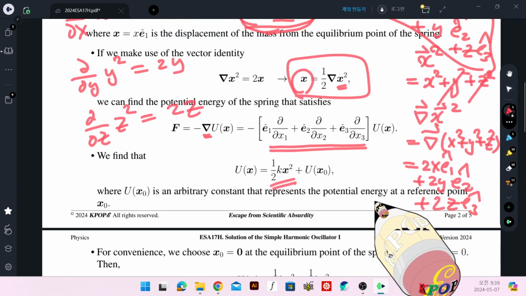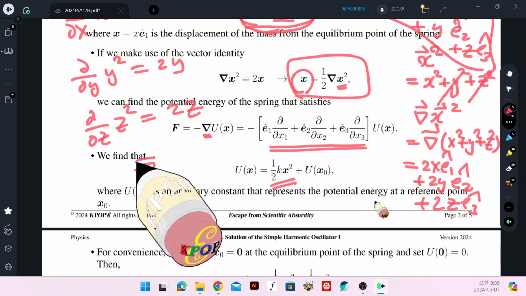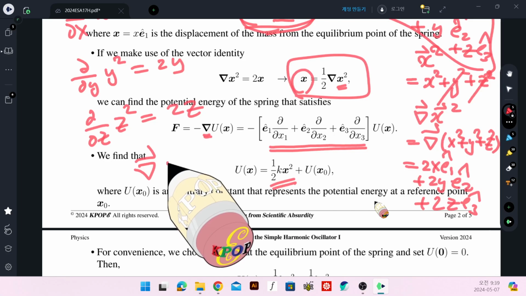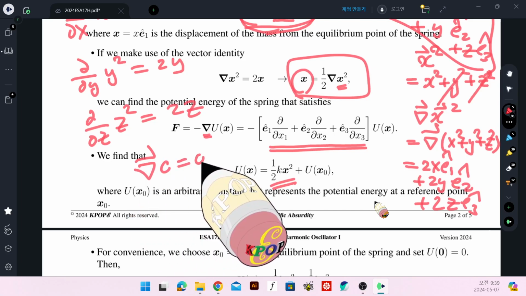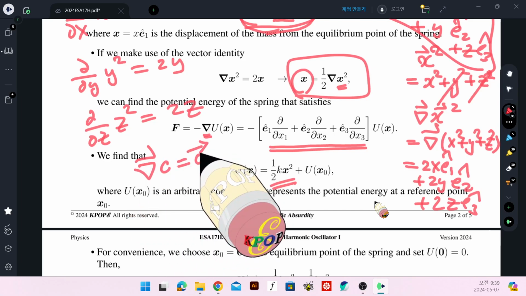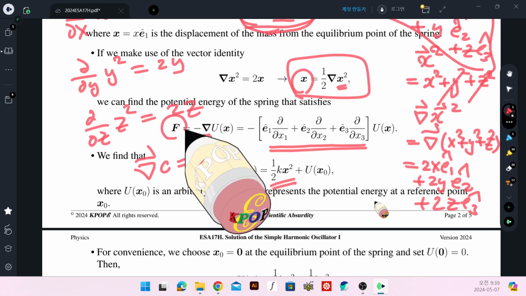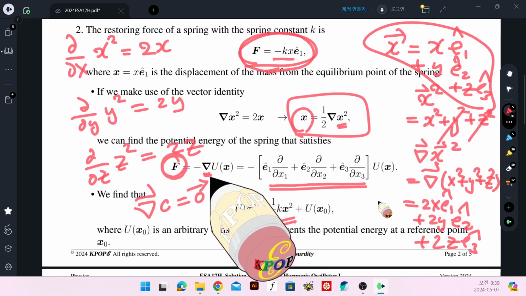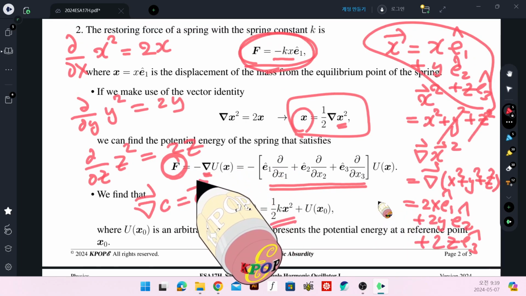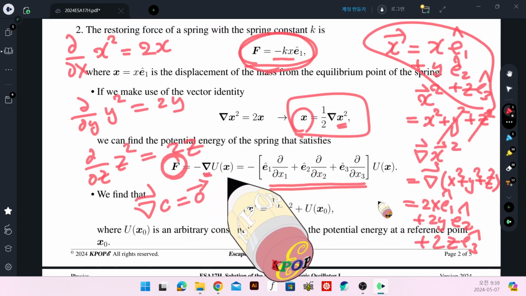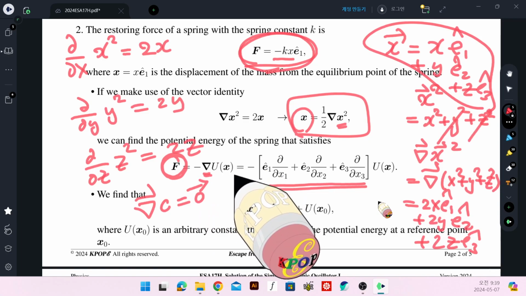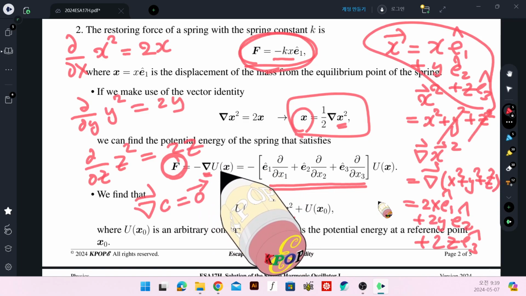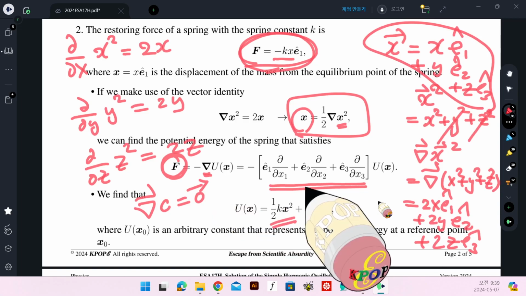By the way, if we take the gradient operator of any constant c, it is a zero vector. So any force that can be expressed as a minus gradient of a potential energy is not uniquely defined.